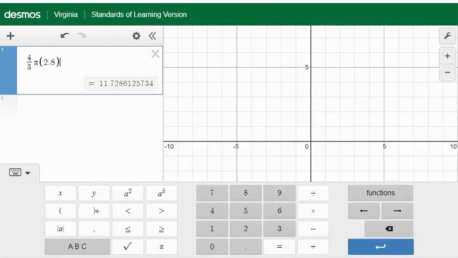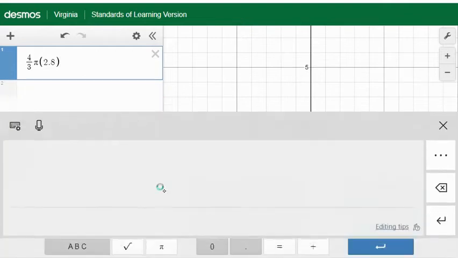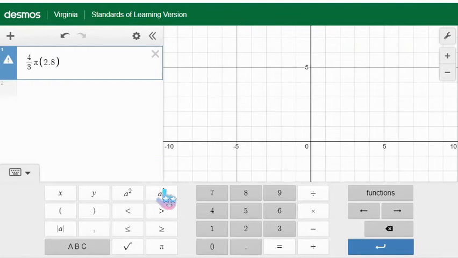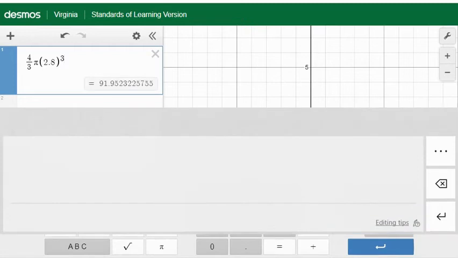Not sure why that's popping up while I'm doing video notes. It's a good thing we're not doing all of these on the calculator. Then I'm going to do my little a to a power button here, and we're going to put in an exponent. So I didn't do the squared button because I don't want it squared, I want it cubed. And when it says a to the b, that's putting a variable in there, and you can put in any power you want. We want it to be cubed, so I'll put in 3.